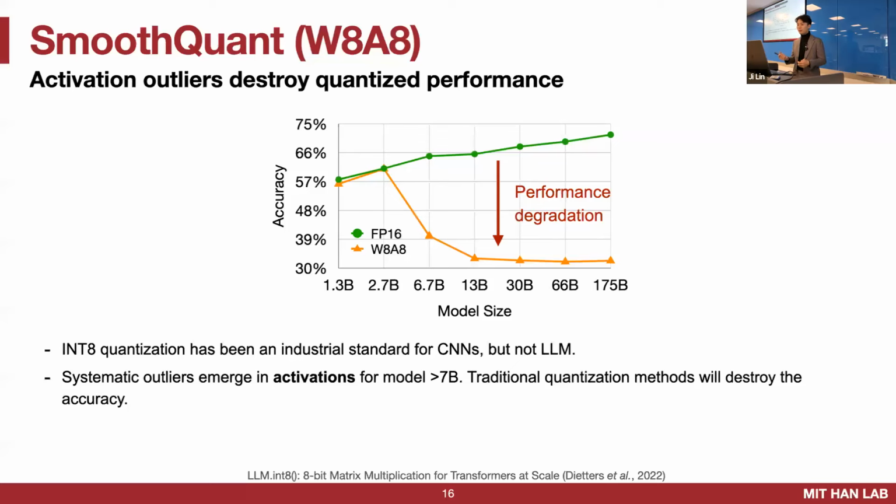For the floating point number, as expected, as the model size gets larger, the accuracy continues to get higher, which is just one of the advantages you can get from scaling. But on the other hand, if you quantize the model, then as the model size grows above some threshold, like 7 billion parameters, we suffer from a huge accuracy degradation.